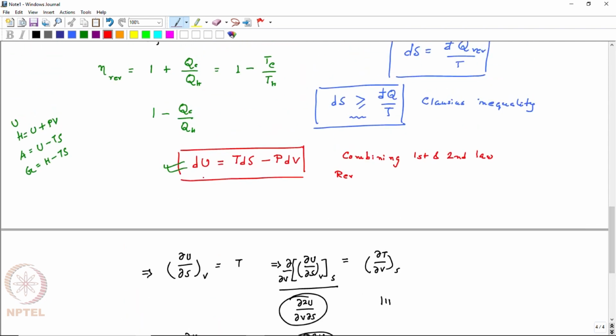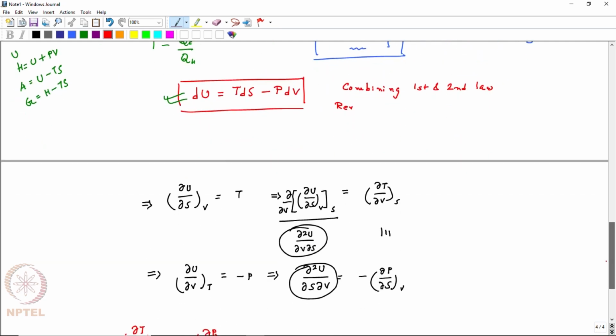Similarly, just like we wrote dU is TdS minus PdV, we could also get another equation for dH, because we know that H is U plus PV. So I can write dH is dU plus PdV plus VdP, but dU is already TdS minus PdV, and I have plus PdV plus VdP. So this PdV cancels, and it's basically TdS plus VdP.